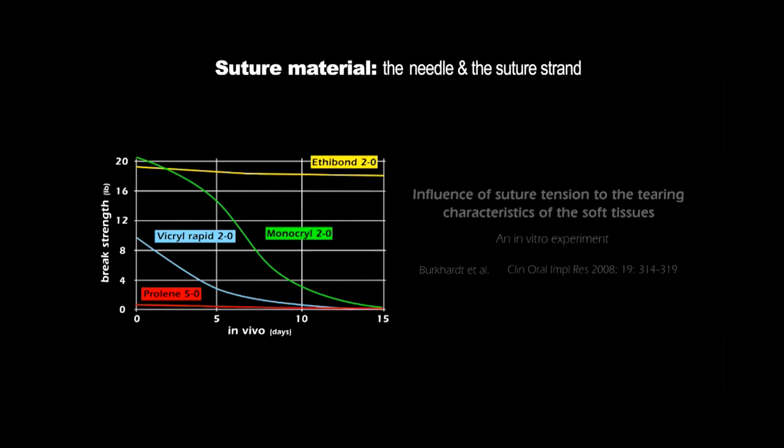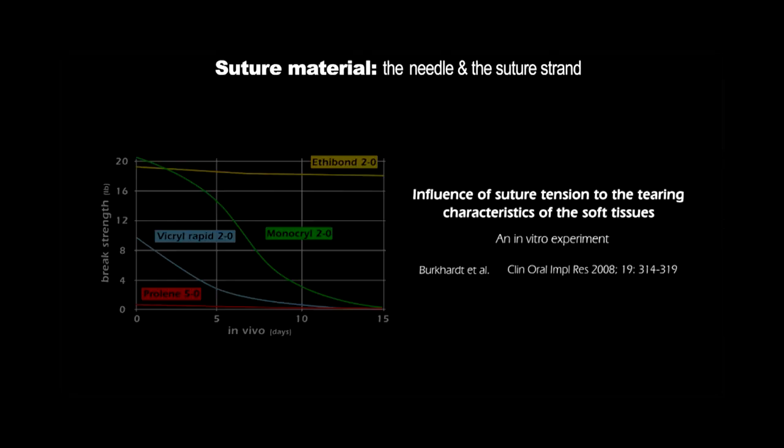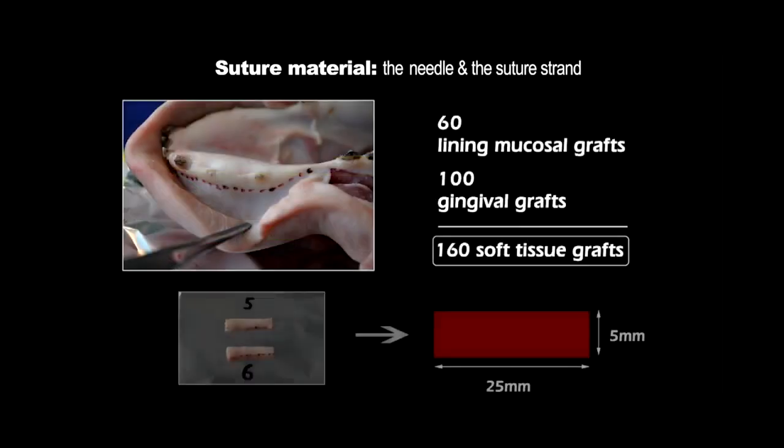You can see in this graph that the breaking strength depends a lot on the diameter of the sutures. In a recent experiment, we were influencing the diameter of the sutures to the breaking strength and, as we have already seen, to the forces that are brought to the clot. We were harvesting soft tissue grafts in pig mucosa, and we were trimming the grafts to a defined width and length.